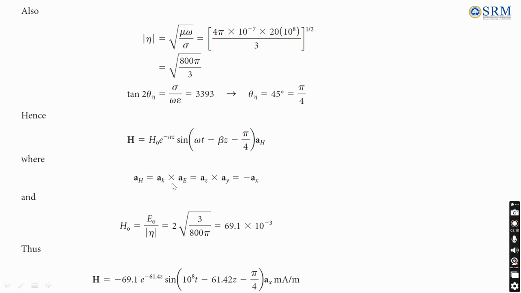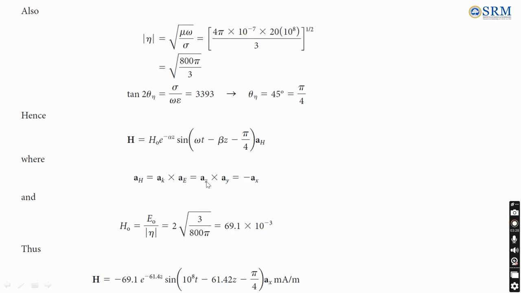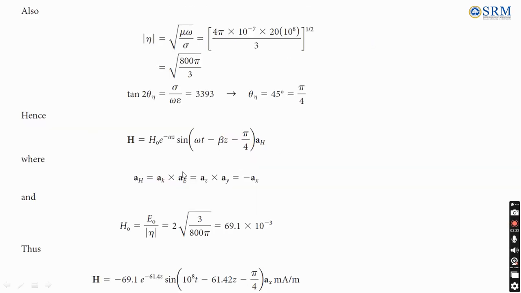So AH is equal to AK cross AE. AK is the direction of wave propagation, that is positive AZ, right? For AE, it is given AY. If you cross multiply AZ cross AY, it is going to be minus AX. So we found the unit vector.